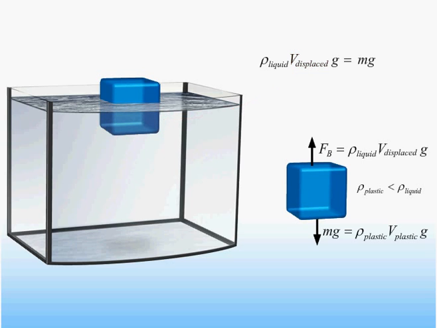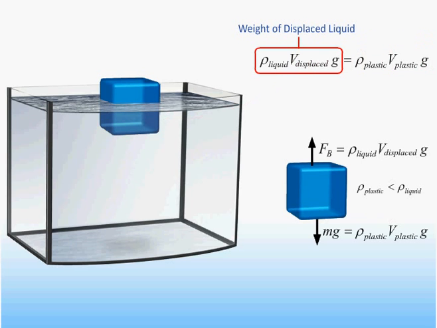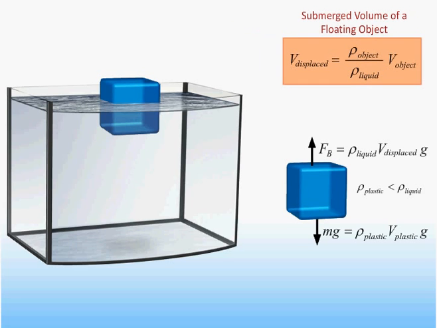To determine exactly how much of the box will be below the surface of the water, we just need to set the entire weight of the box equal to the weight of the liquid displaced, which is simply proportional to the product of the density of the liquid and the submerged volume of the box. Thus we see that the submerged fraction of the box just depends on the relative densities of the box and the liquid.